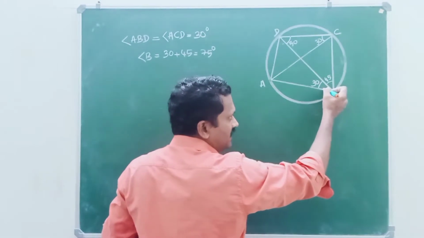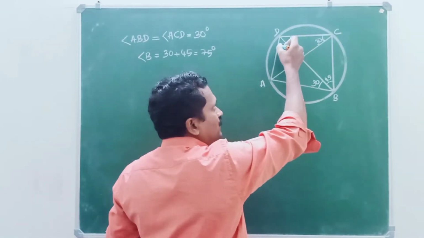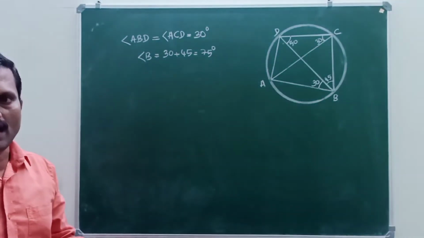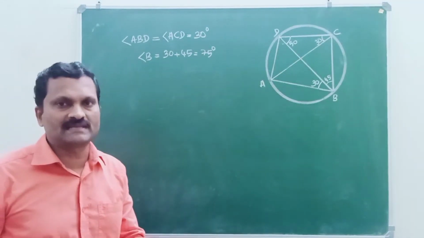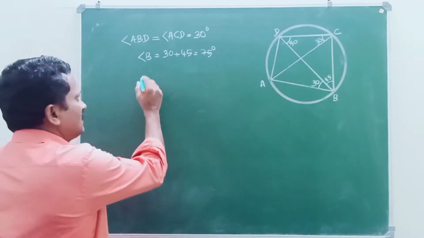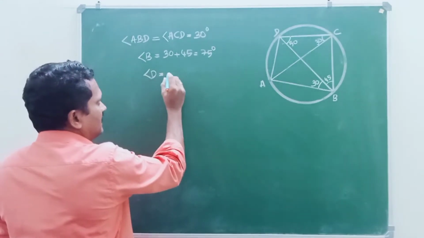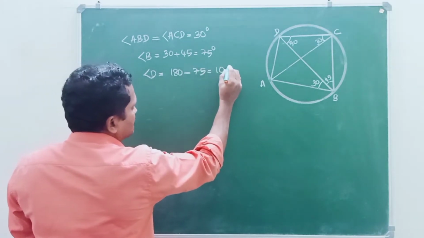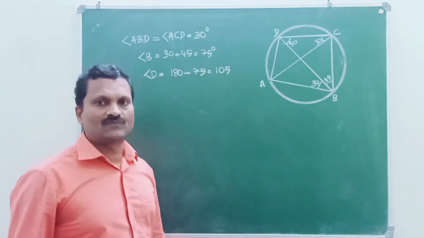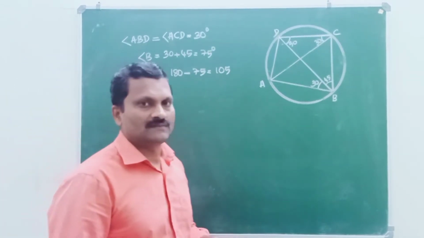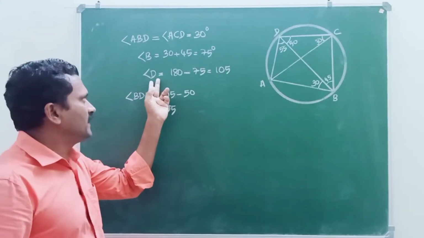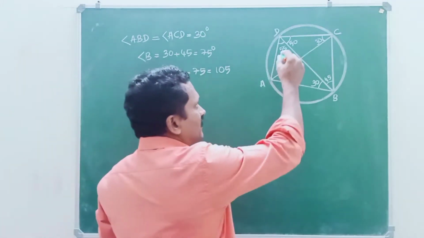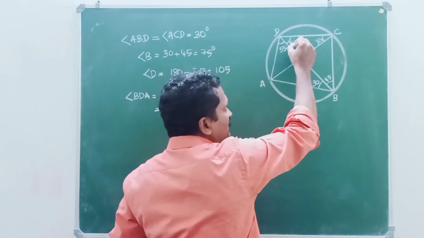Since angle B is 75 degrees, then very easily we can find angle D. B and D are one pair of opposite angles of the cyclic quadrilateral. Therefore, angle D equals 180 minus 75, that is 105 degrees. Now one of the portions in D is 50 degrees.